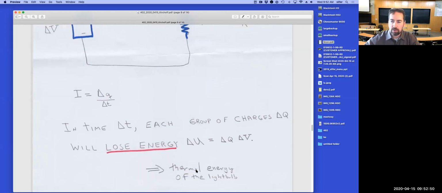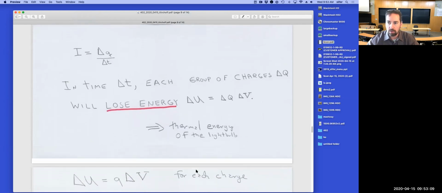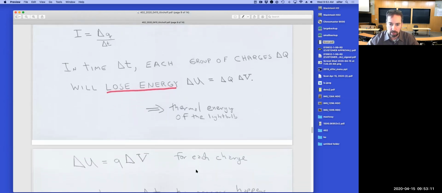And that loss of potential energy of your charge as it's falling through the light bulb is converted into the thermal energy of the light bulb, because the charges are picking up kinetic energy, but then they slam into the lattice of the light bulb and they heat it up and it glows. So the thermal energy of the light bulb is where this energy is going.